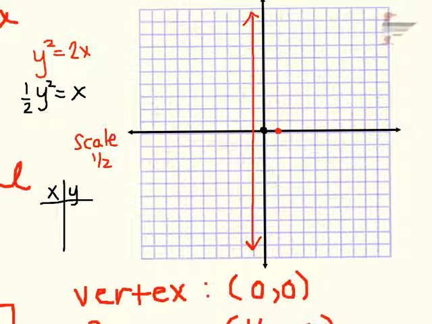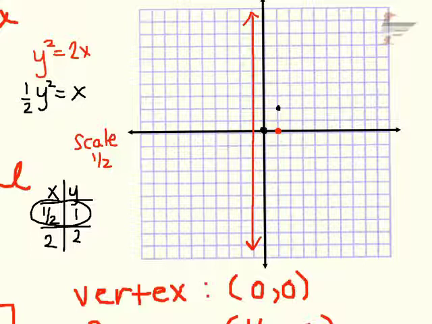Since I already know the origin, I'm going to do y equals 1 and 2, and see if that's enough. If I put 1 in for y, 1 squared is 1, half of 1 is 1/2. If I put 2 in for y, 2 squared is 4, half of 4 is 2. So I'm going to plot this point first and remind myself that I scaled by halves. So x is 1/2 and y is 1.